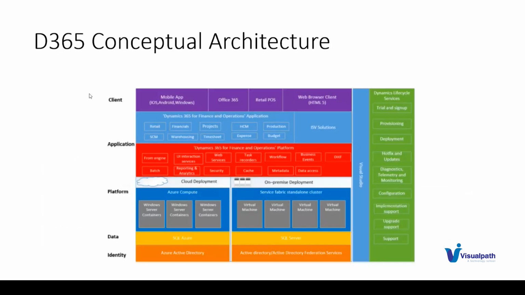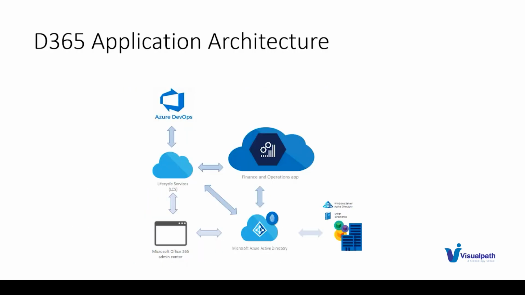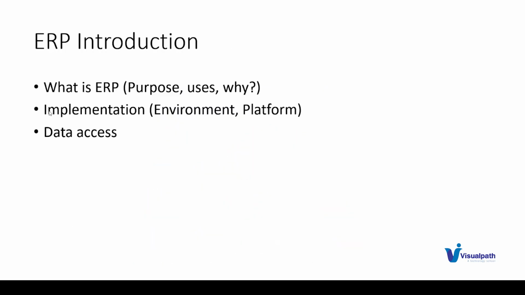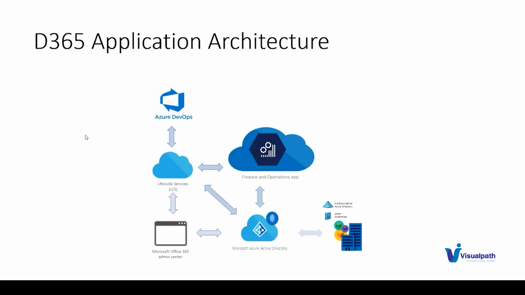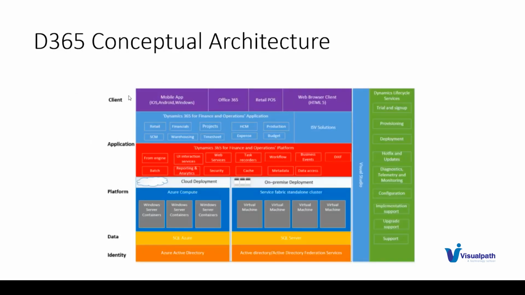And this is the deep dive architecture of how F&O as an application works. If I take the client, the topmost layer, how many ways could the application be accessed? Coming back here, as I said, I would be focusing more on the implementation, environment, platform and the data access. So this is how the implementation and access is provided on the application.